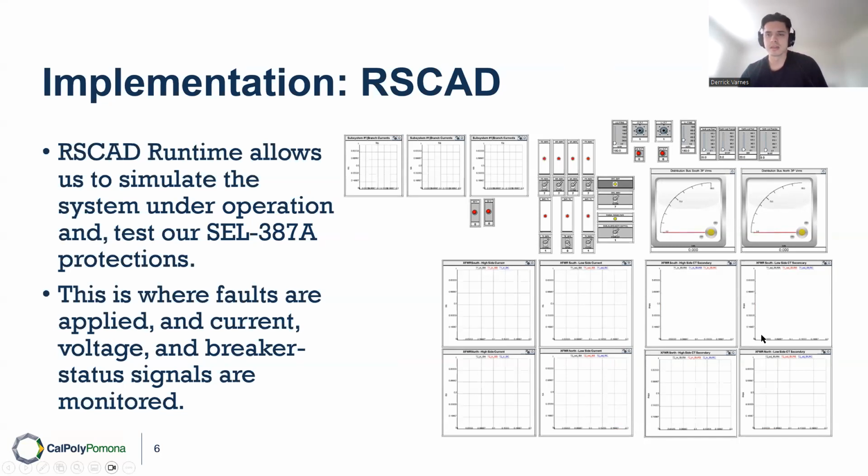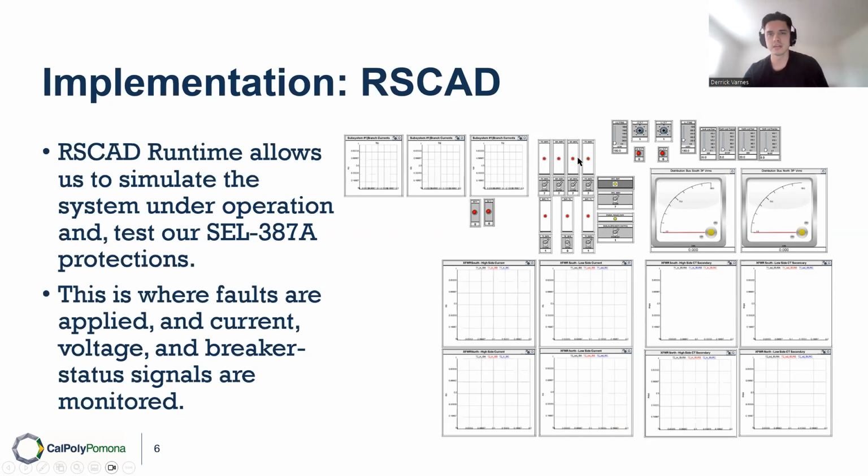And then these bottom 8 grids here, these 4 represent the primary side currents, and then these 4 here are the CT measured currents. So they're just scaled by the CTRs for those particular CTs. And we use both of these to verify the values being shown to us on the relay itself.